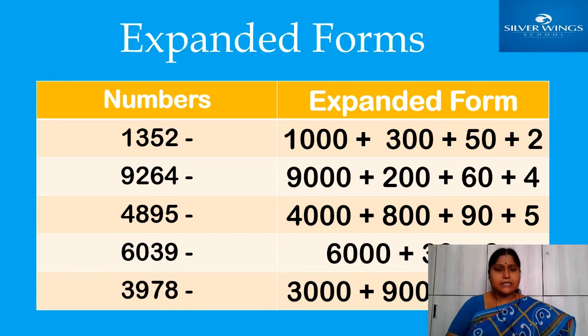So you should write 6000 plus 30 plus 9. That's it. If 0 comes in the number, when you write the expanded form, no need to write that place. Children, if you want to write plus 0, you can also write it, no problem, that is also correct.